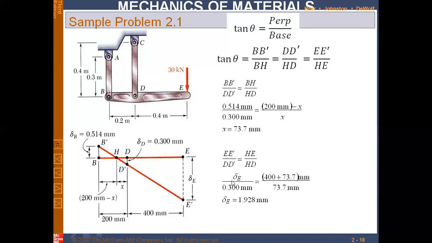If you look at the equation, the only unknown is delta E. And after calculation, delta E is equal to 1.928 millimeter.